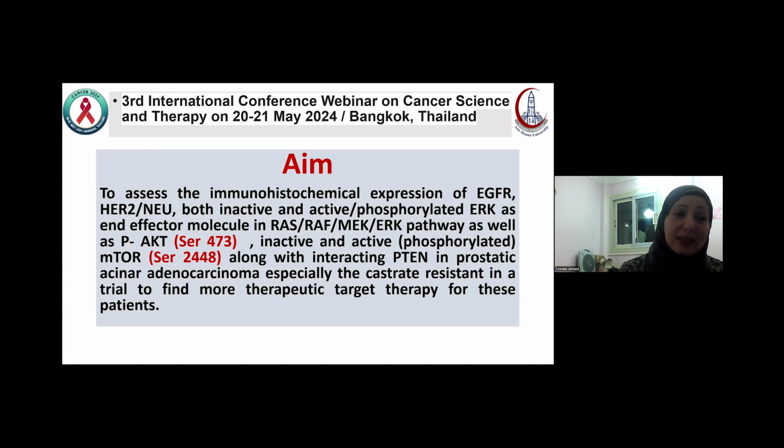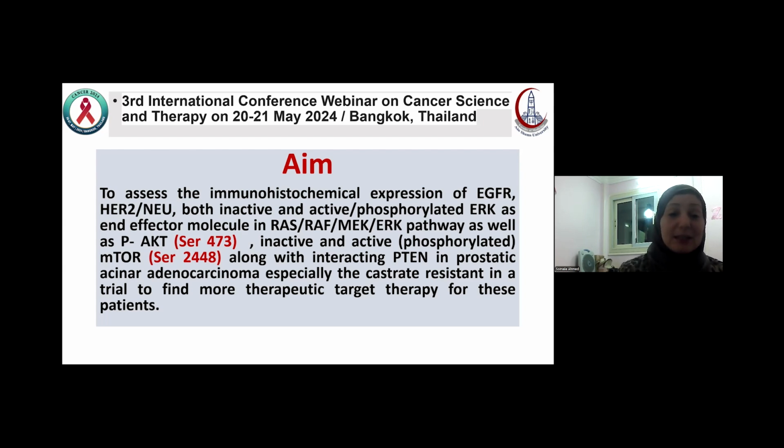We study P-AKT, the active form of AKT at serine 473. And we study mTOR, both active and inactive, the activated one at phosphorylation at serine 2448. Along with the interacting PTEN, for PTEN we study the PTEN loss.